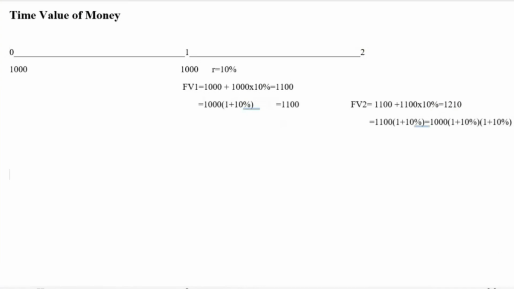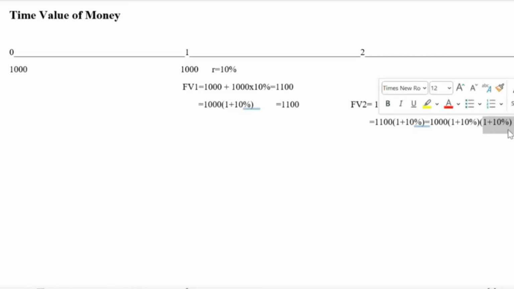So what about year 3? What is today's equivalent amount in year 3? Follow the same logic. It should not be difficult. You just need to multiply this factor. So FV3 will be 1,000 multiplied by 1 plus 10% to the third power.